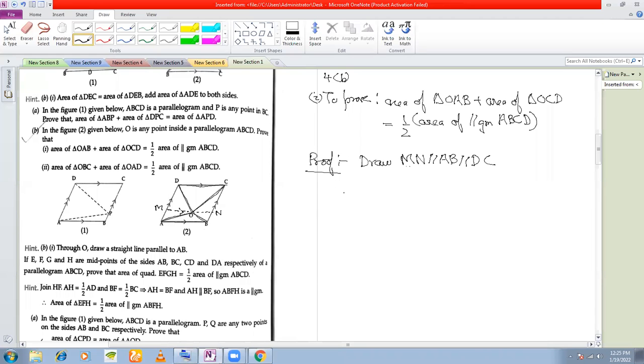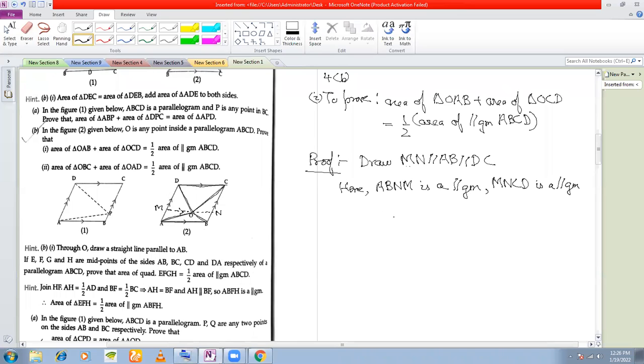Now if you see, I have two parallelograms inside this parallelogram. What are the parallelograms? Here ABNM is a parallelogram, right? Isn't it? Also, MNCD is also a parallelogram. So I have two parallelograms.